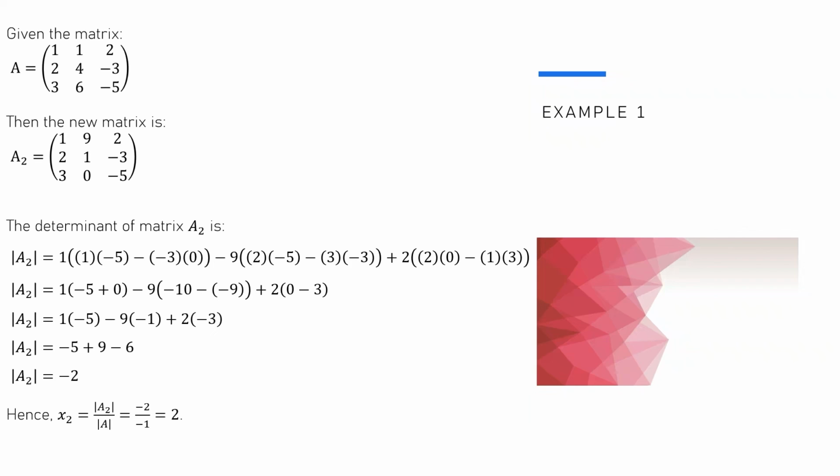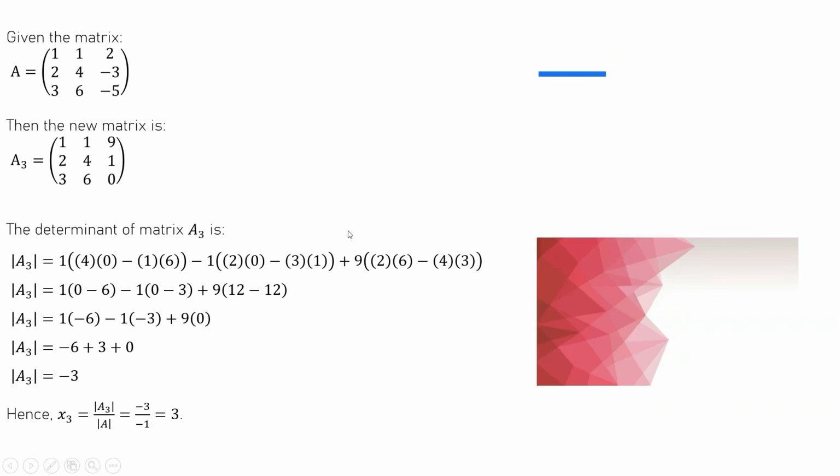Similar to just now, we go on with the same steps to find x3, but exchanging the matrix B into the third column. As you can see, the third column is substituted. So now we have our matrix A3: 1, 1, 9, 2, 4, 1, 3, 6, 0. Using the similar steps shown before, we find the determinant of A3, which is negative 3.